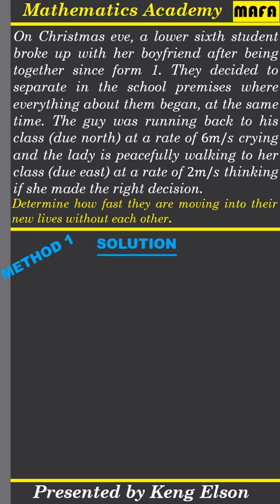The guy is running due north at a rate of 6 meters per second, and the lady is walking due east at a rate of 2 meters per second. Now we know that the speed is equal to the distance divided by time. Therefore, the distance is equal to the speed times the time.